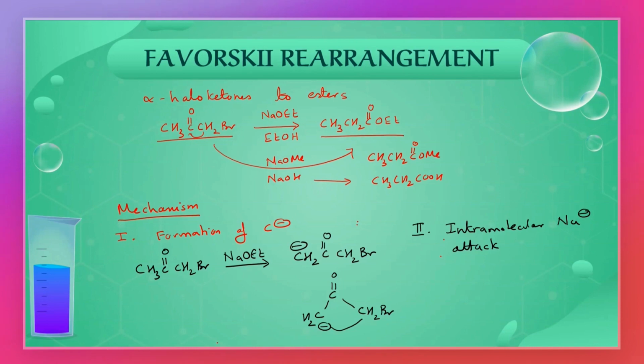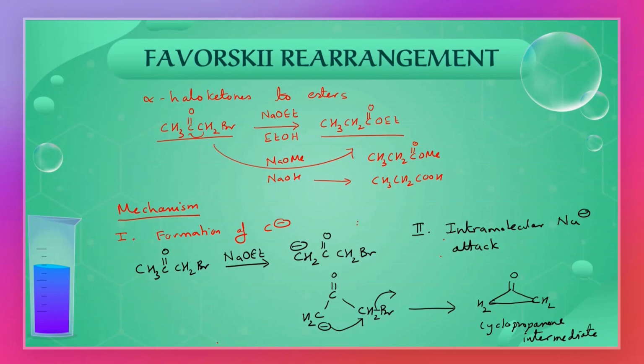So I have this carbanion, it will attack the carbon containing halogen, Br will be released out, and I'll be having the formation of cyclopropanone intermediate. So this is the second step. The second step involves the formation of cyclopropanone intermediate.